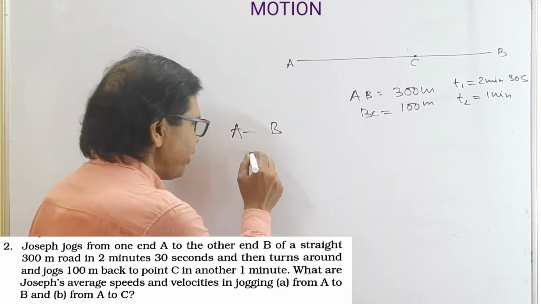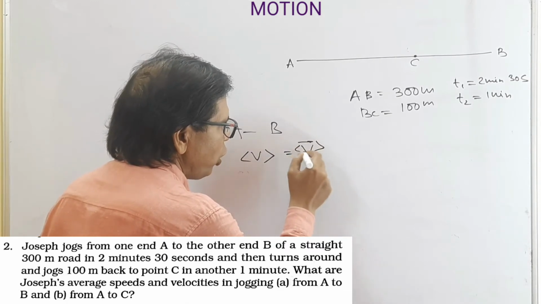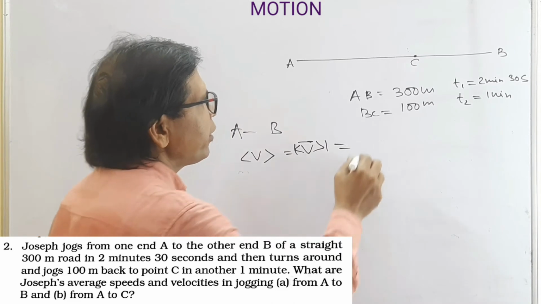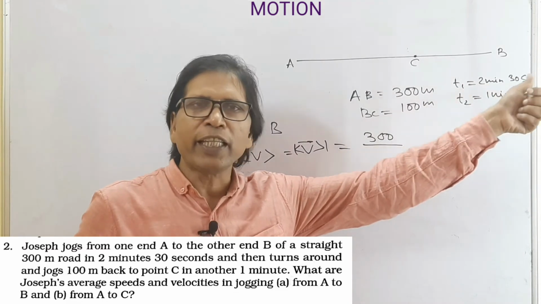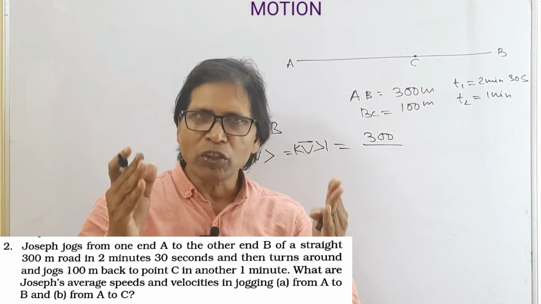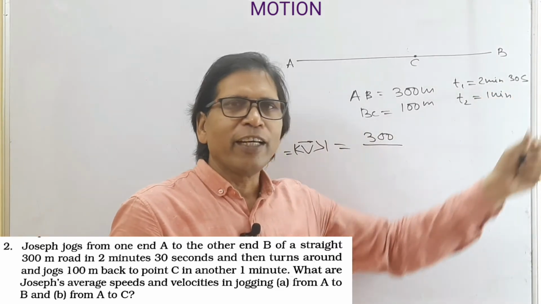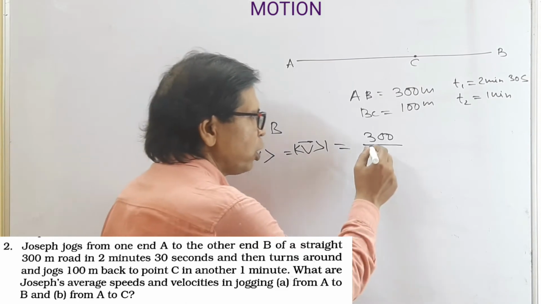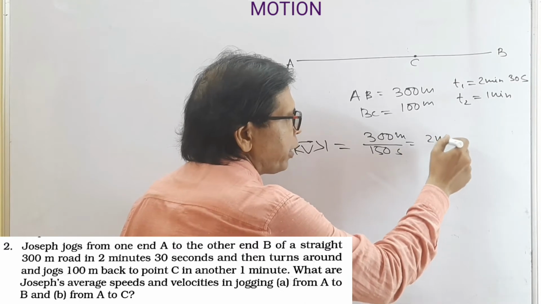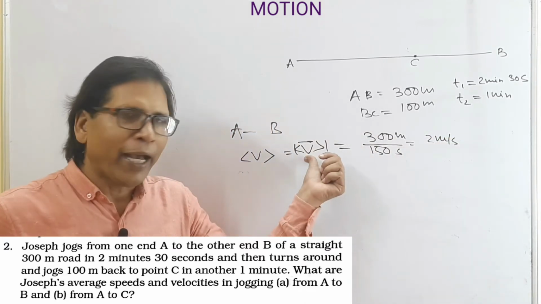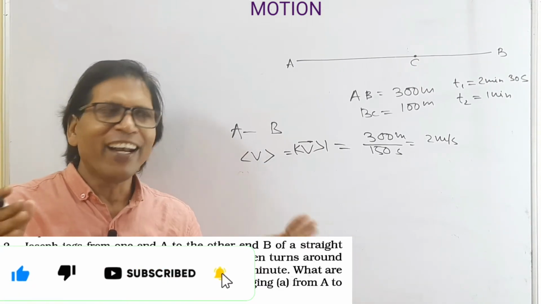So average speed equal to average velocity equal to total distance 300 meter by 2 minutes 30 seconds. 1 minute equal to 60 seconds, 2 minutes 120 seconds plus 30 seconds, that is 150 seconds. So this is 2 meter per second, the magnitude of average velocity is equal to the speed.